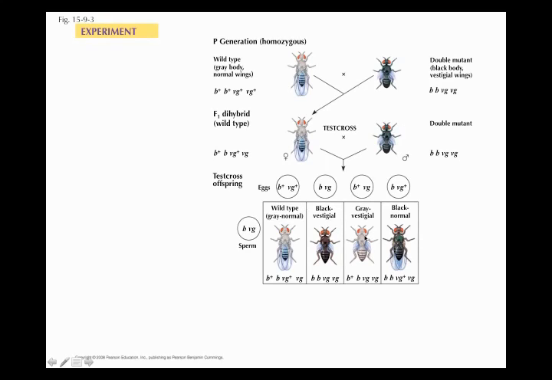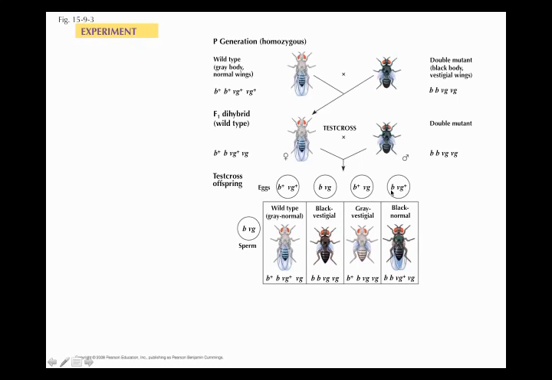And if you do our normal Punnett square, we're expecting to get about a quarter of each of these types, right? Sometimes our gray body and our regular wings will be together. Sometimes our black body and our vestigial wings. Sometimes our gray body and our vestigial wings. And sometimes our black body and our regular wings.